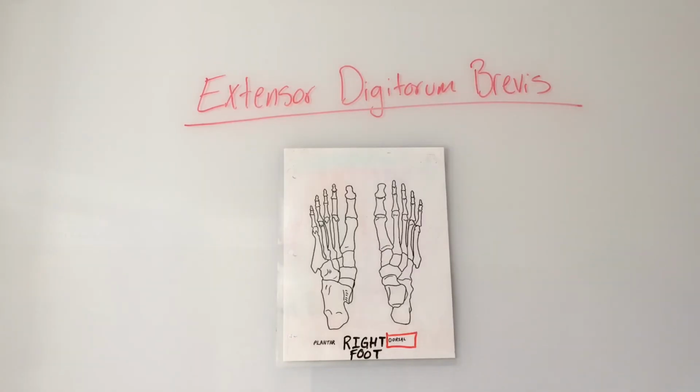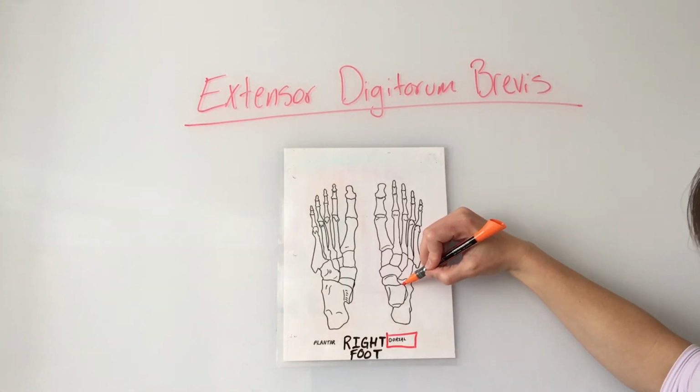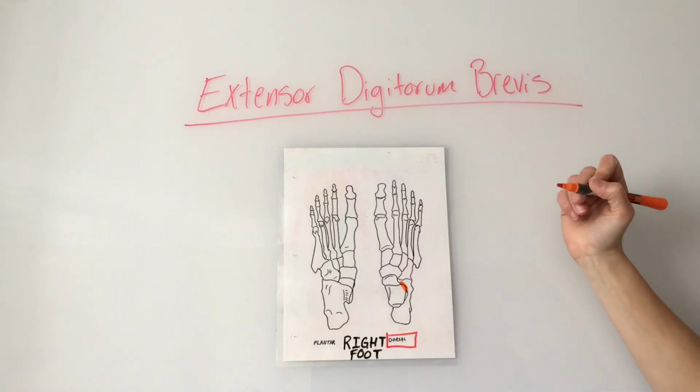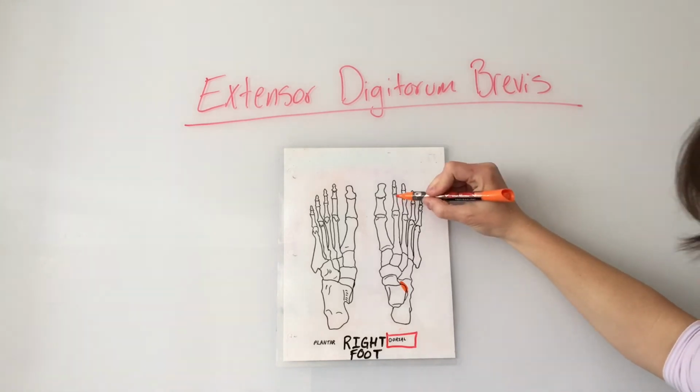The extensor digitorum brevis is on the dorsal side of the foot. It originates on the calcaneus on the dorsal surface and inserts on the second through fourth toes at the dorsal aponeurosis and the bases of the middle phalanges.